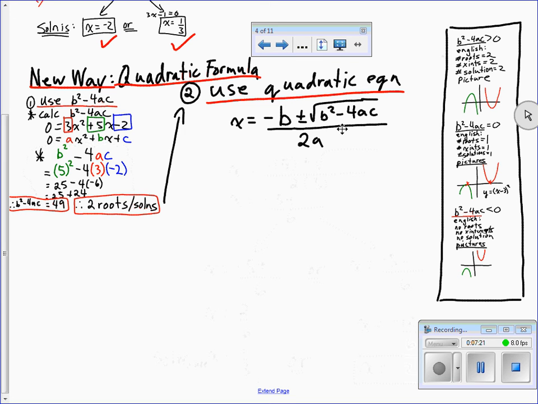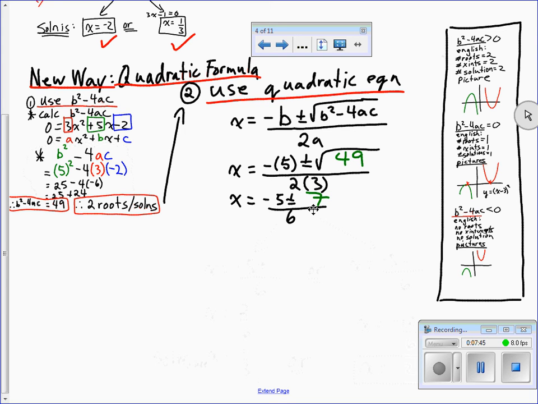So we use the quadratic equation in conjunction with the discriminant that we used as b squared minus 4ac. Now remember, we calculated all the stuff in this, right? So we're just going to punch in 49 here. And then when we simplify, we end up with negative 5 plus or minus 7 over 6.